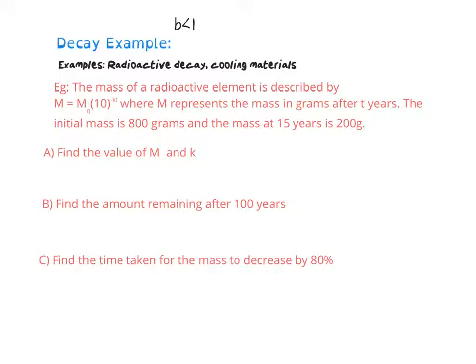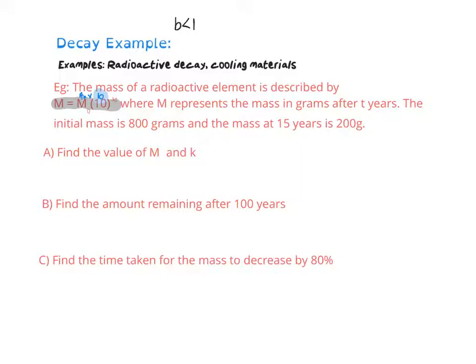So the mass of a radioactive element is described by this formula here. So you guys can see how it looks like the exponential. So here's like that B, here's like the B value, here's A0, and there's the to the power of k and t, all right? So the initial mass is 800 grams.